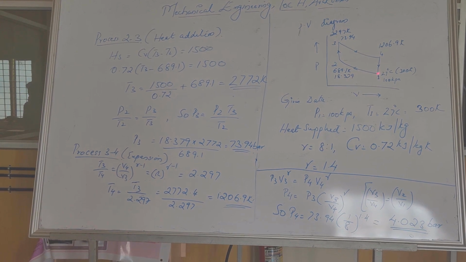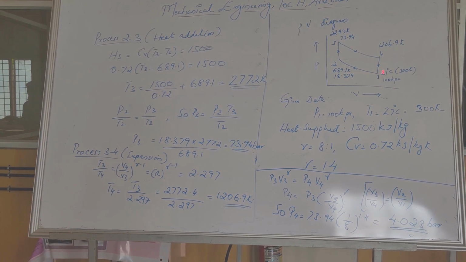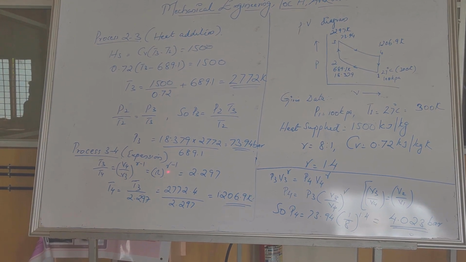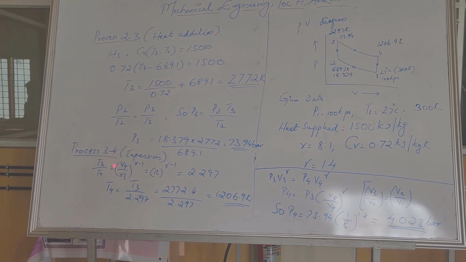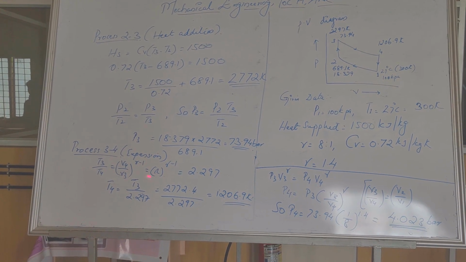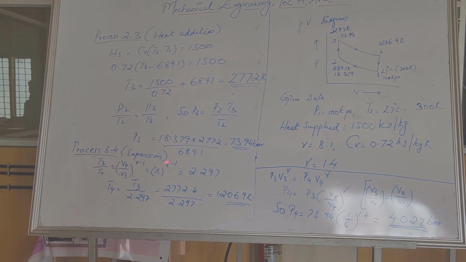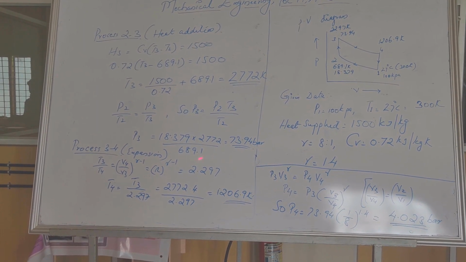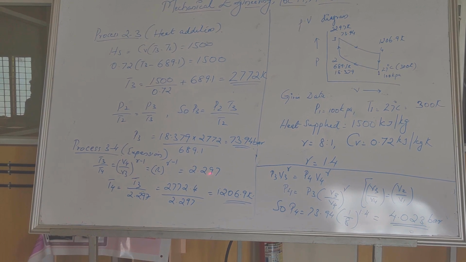So V1 by V2 is R. Therefore, V3 by V4 will be R. So you can write now this T3 by T4 is equal to V4 by V3 raised to gamma minus 1, that is R raised to gamma minus 1, and the value of R is already known to you. We have found out this particular term earlier. Now put that value as 2.297.